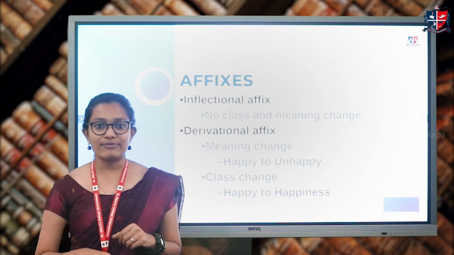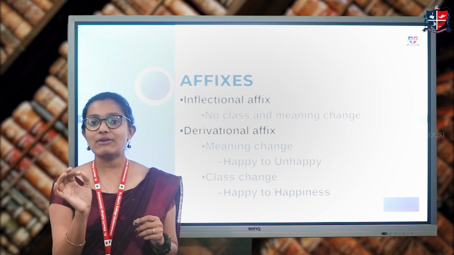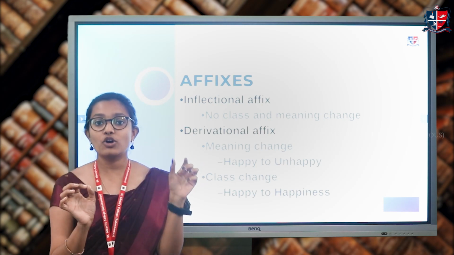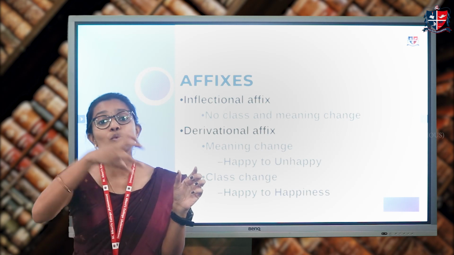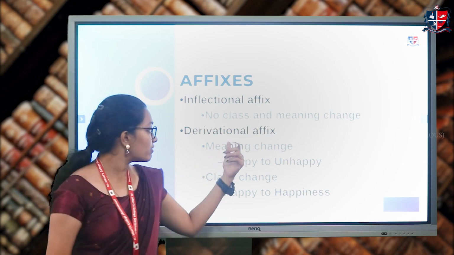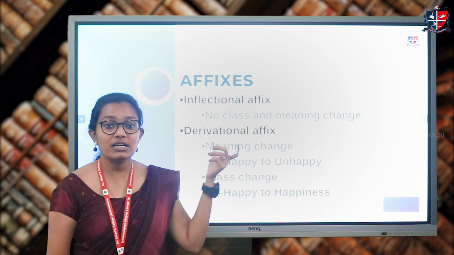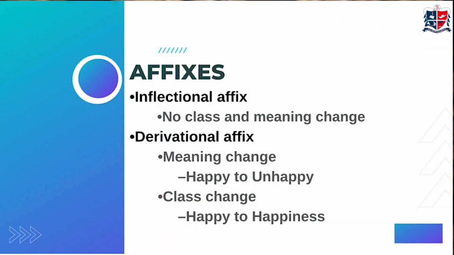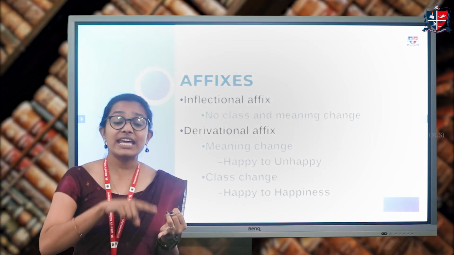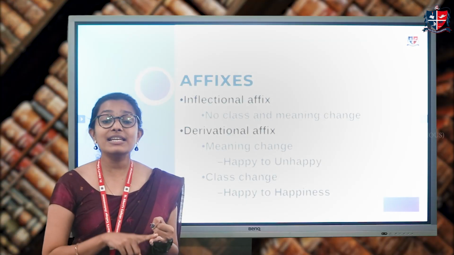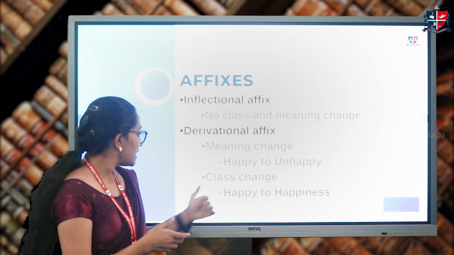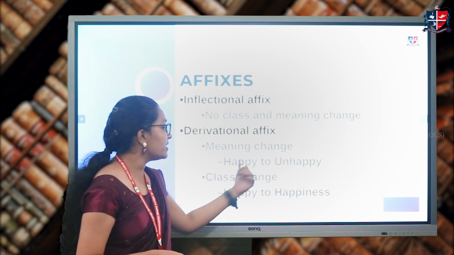But derivational affix means when a particular affix is attached to a word or a morpheme, a new word is derived. That is why it got the term derivational affix. So there is a chance of change in the meaning as well as change in the class. Let's take the example happy to unhappy.